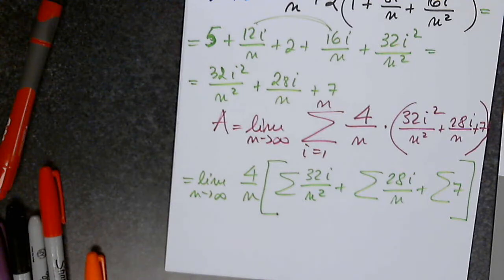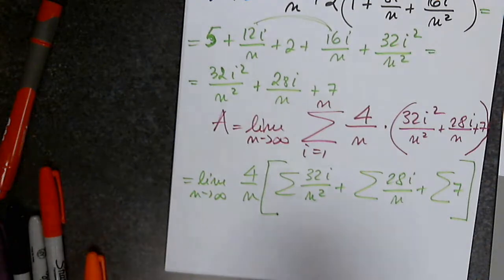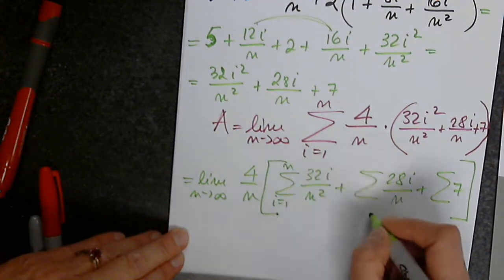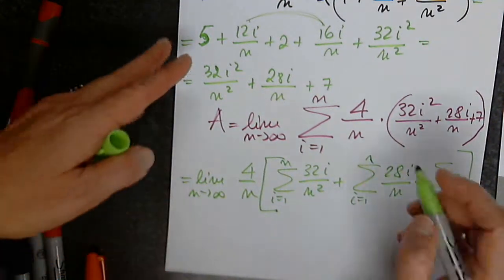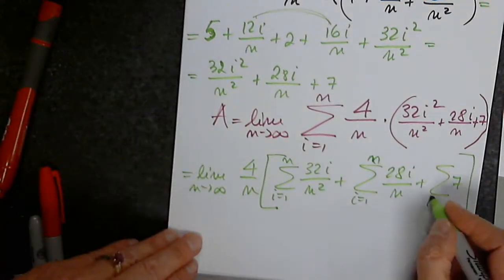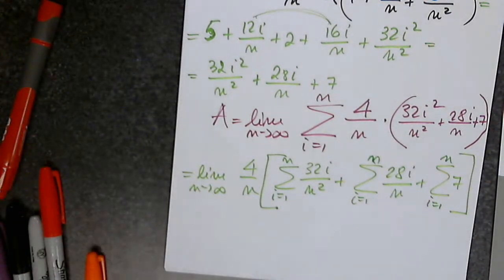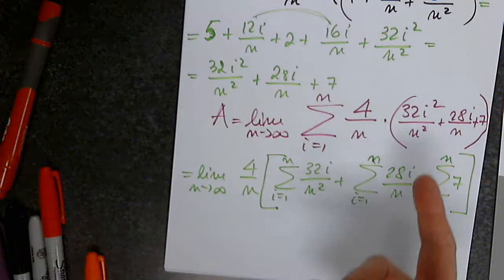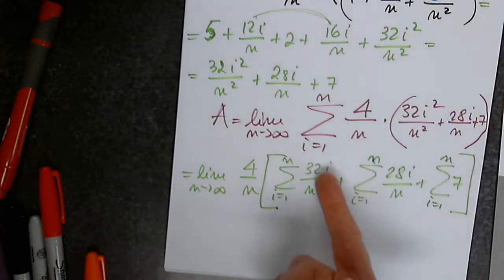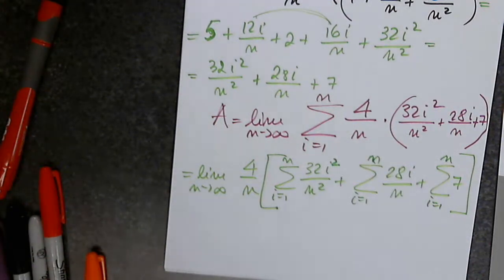This is one of the theorems. The sum of a generic term plus another generic term is the sum of the first one plus the sum of the second. I have 3, I have to use it 3 times. From I equals 1 through n, from I equals 1 through n, and from I equals 1 through n. And I already made a mistake by not copying the power 2. Sorry about that.